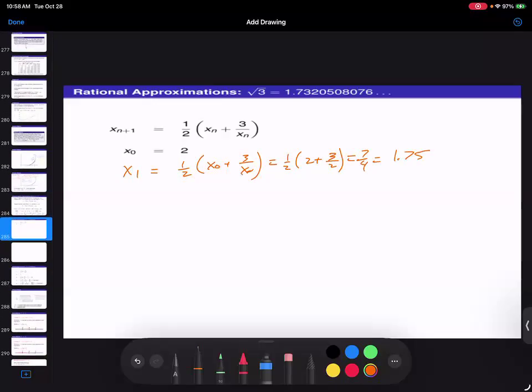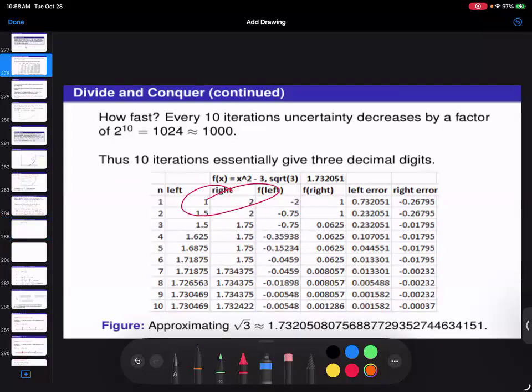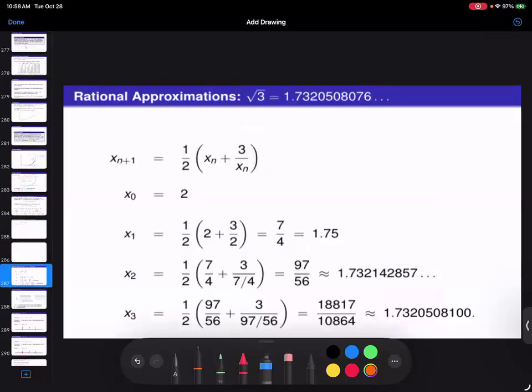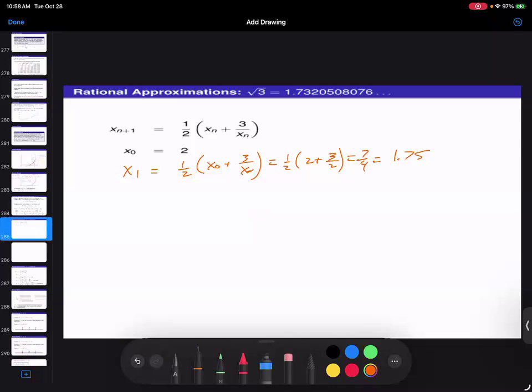Look at the divide and conquer. Took a little bit more time before we got something very close to that. Let's do another iteration. Let's do x2 is 1/2 x1 plus 3 over x1.